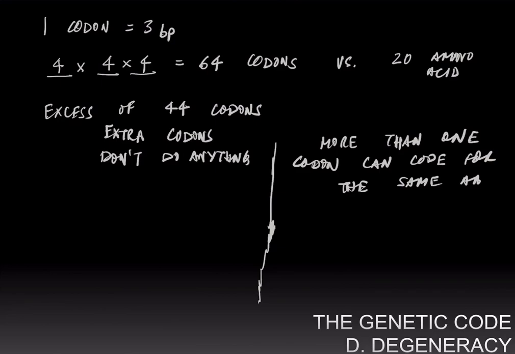So, for example, we know UCA codes for serine, and what do UCU, UCG, and UCC do?